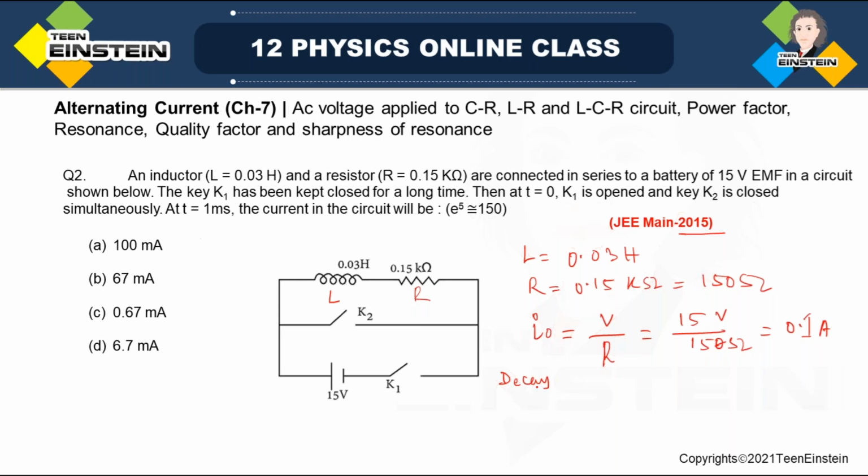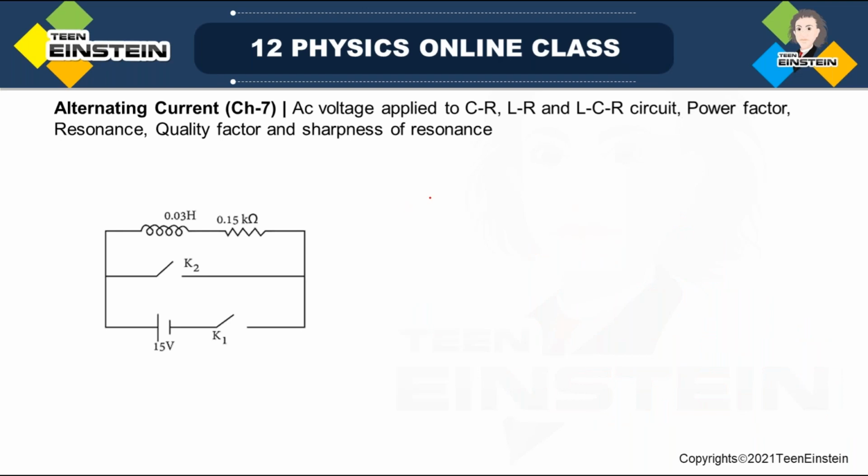The decay of current in a series LR circuit comes from transient phenomena, that means instantaneous phenomena. The decay of current is written as I equal to I0 e to the power minus t by tau. Here tau is L by R. Now let us go to the next page and do the calculation.